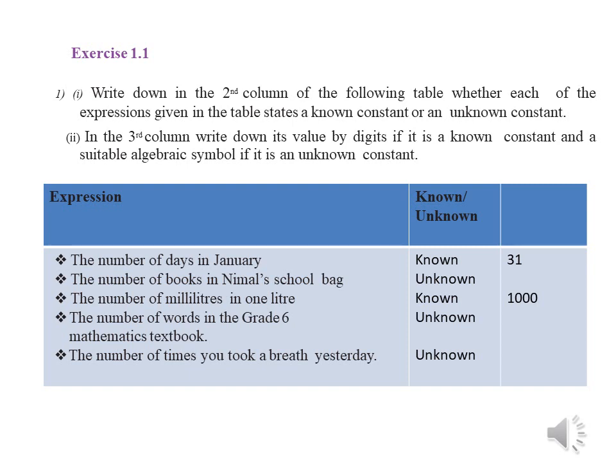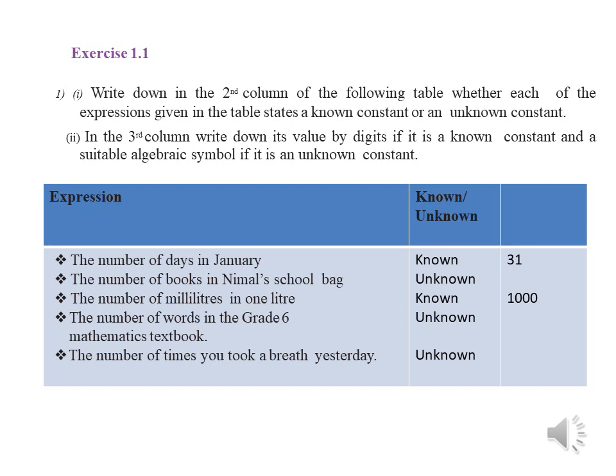In the third column, write down its value by digits if it is a known constant, and a suitable algebraic symbol if it is an unknown constant. Okay, look at the table.